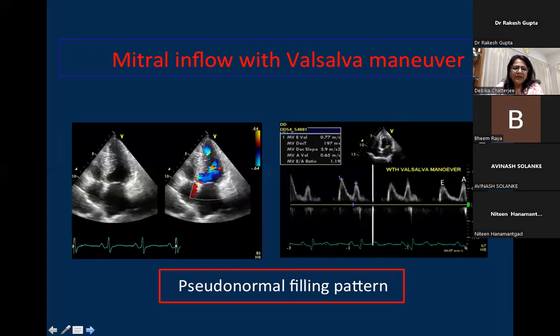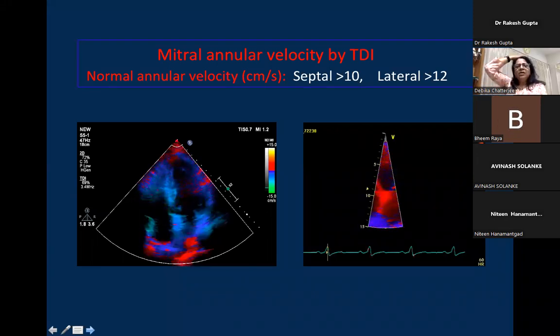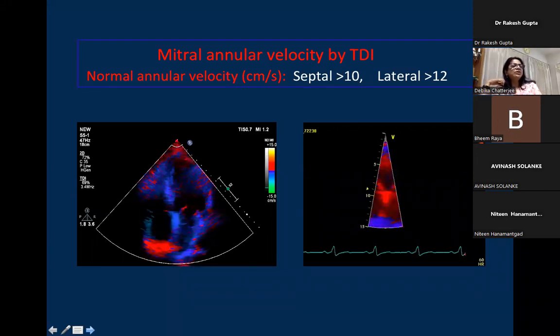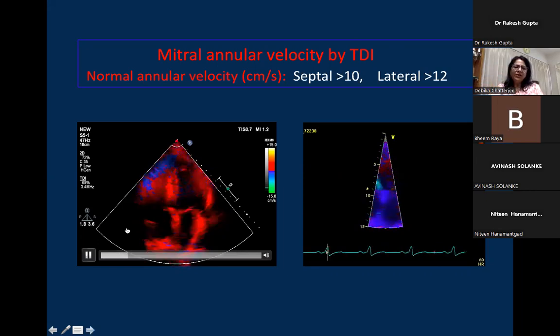And another is by looking at the mitral annular velocity by tissue Doppler imaging. By this time, you must have learned what is tissue Doppler imaging. There is an option in the machine. So you touch that button, you get this pattern where it colorizes the tissues of the heart.